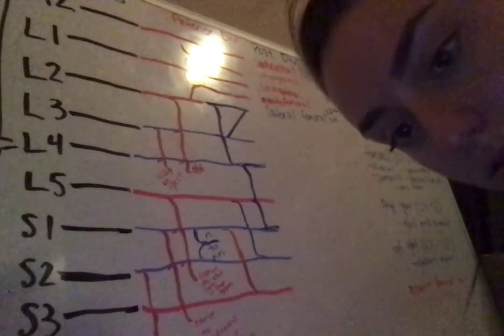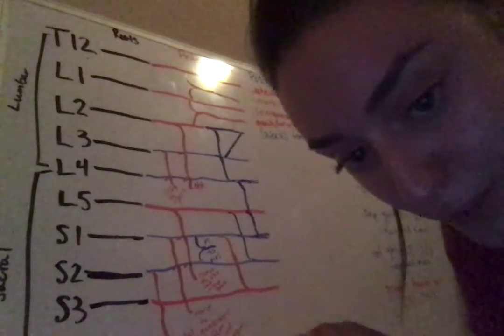Trying to position this in the way that looks the best. Maybe right there. Okay, so this is the anterior division of the sciatic nerve, which is the tibial nerve.